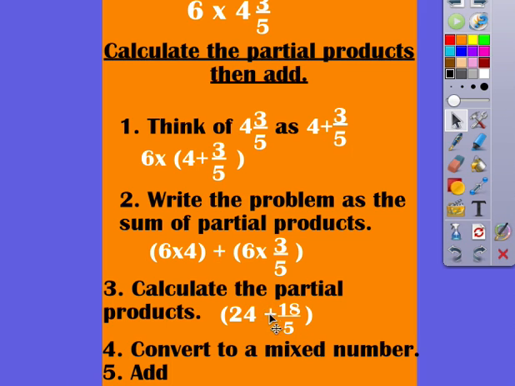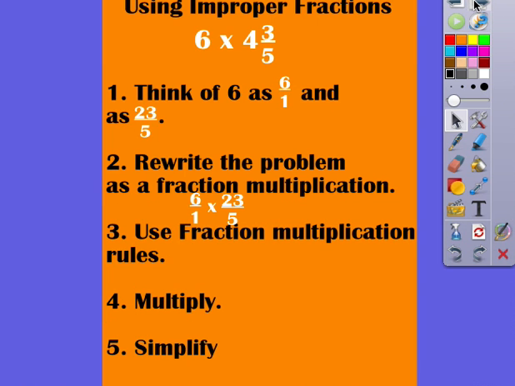Now I'm just adding 24 plus 18/5, and then I'm converting this to a mixed number and so forth. A very difficult way in my eyes, but some of you probably really understand this and it makes sense to you.